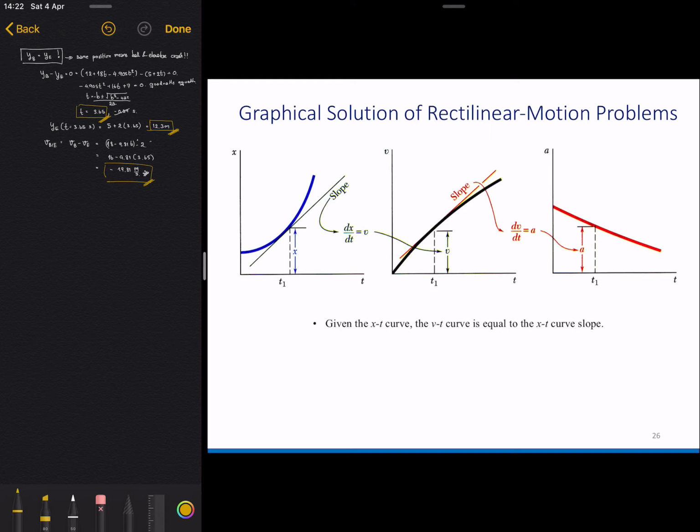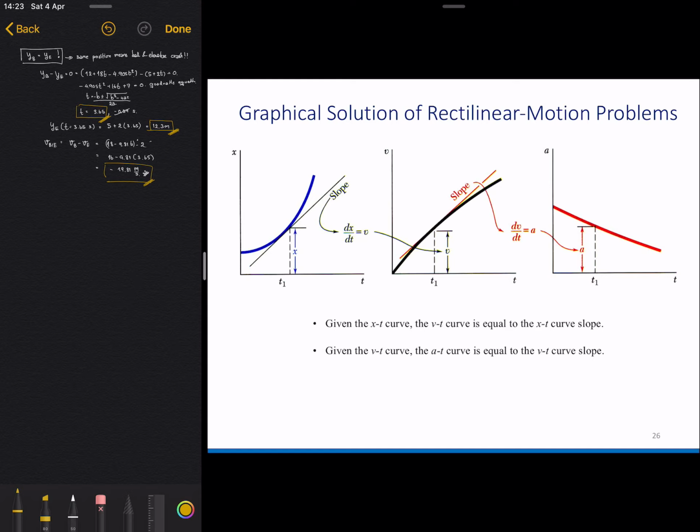Means you have many analysis methods which are more visualized, or better. All of them are the same for solving the problem, but they may show different things that you might need. And here it's just showing you that the given xt curve and the vt curve is equal to the xt curve slope.